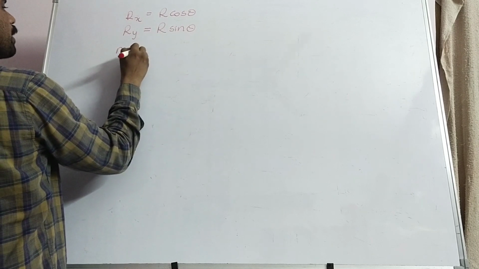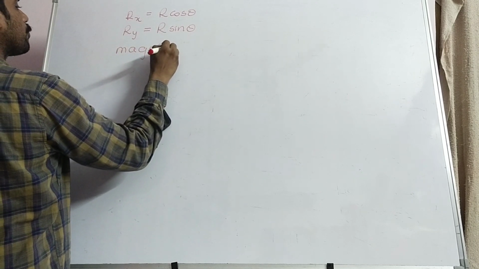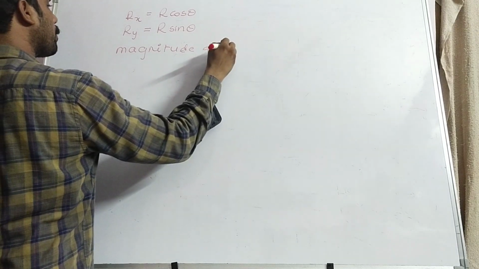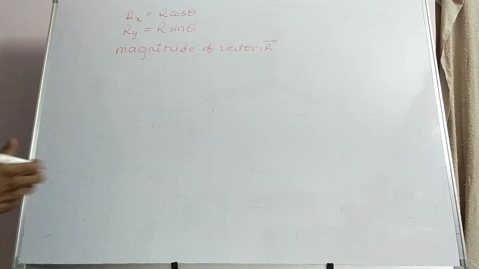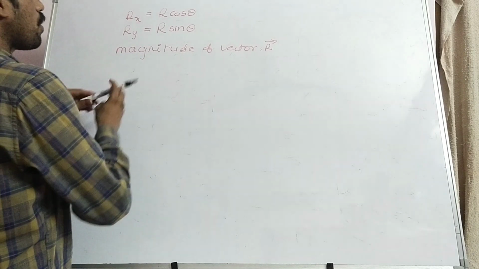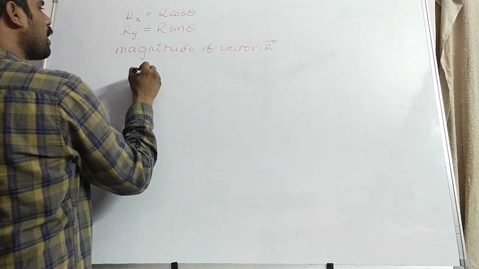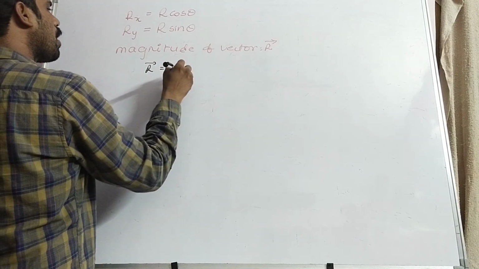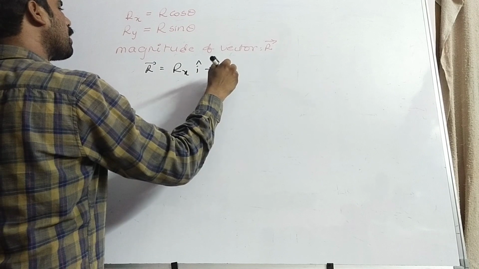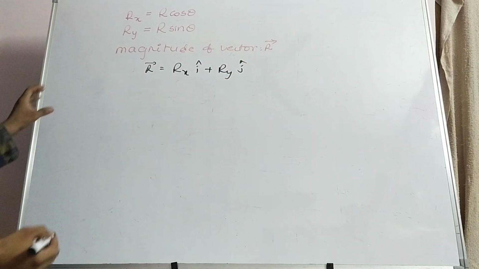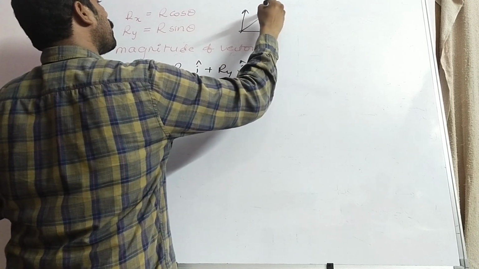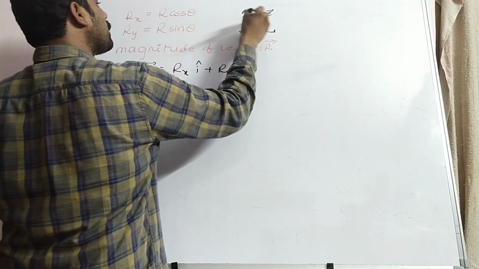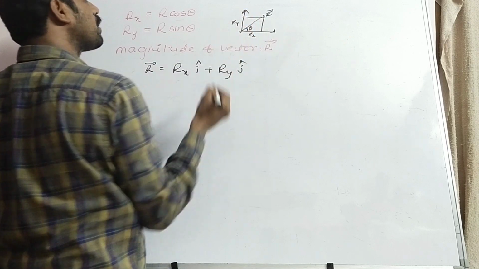So now what about the magnitude of vector r bar? The vector can be written as r bar is equal to rx i cap plus ry j cap. Yes or no? Here is the r bar vector; this is rx, this is ry, this is theta.